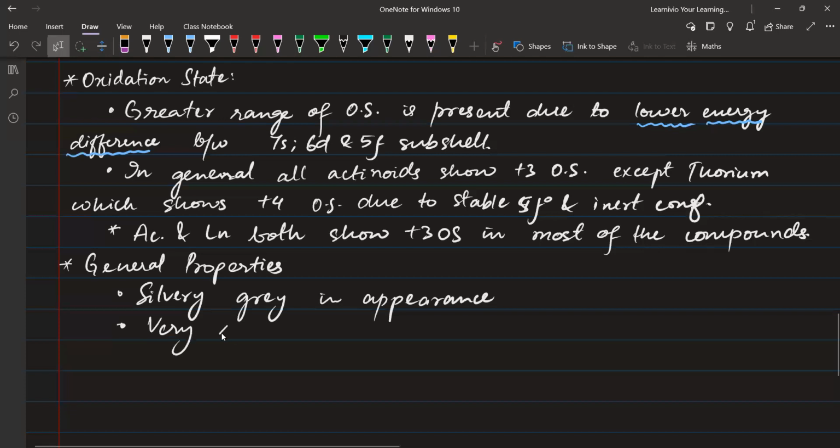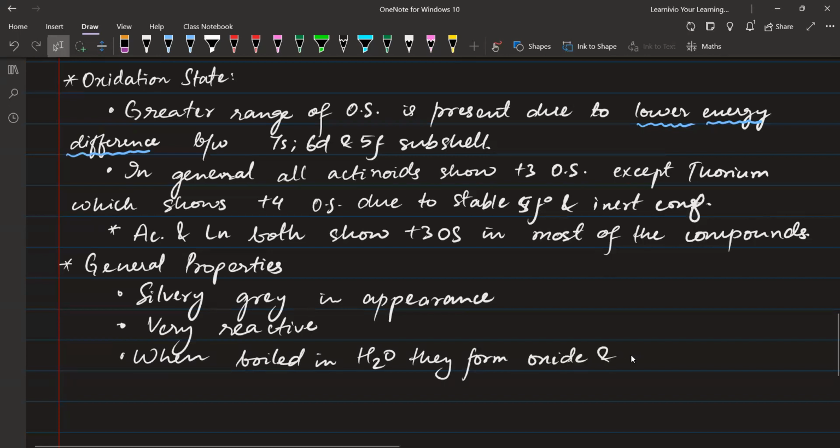These are very reactive. When boiled in water, they form oxide and hydride.